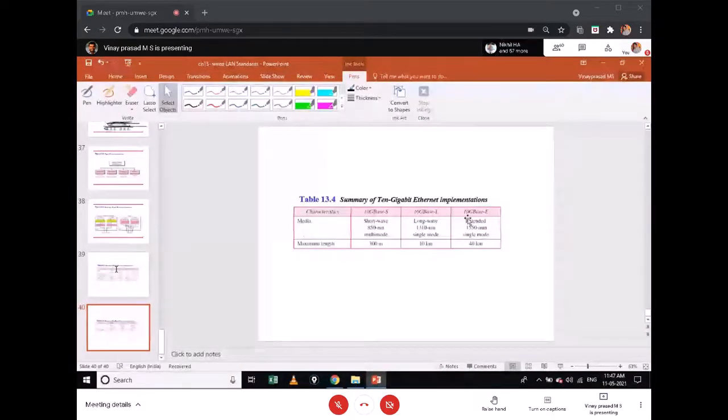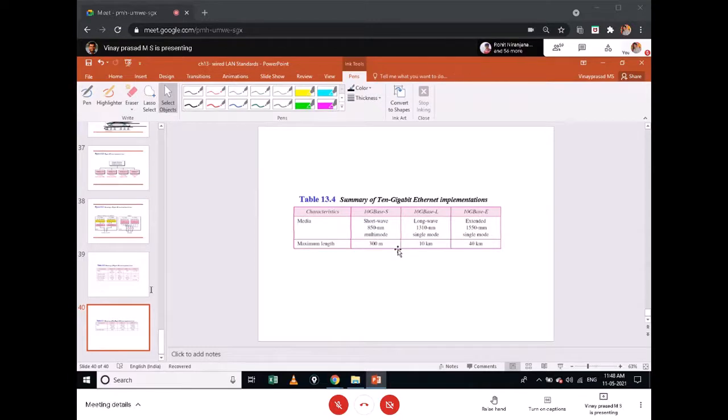In 10 gigabit Ethernet, it is quite similar to gigabit. The features we saw in gigabit, the same would also be in 10 gigabit Ethernet. It is backward compatible with previous standards.